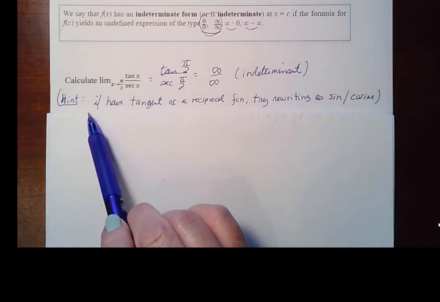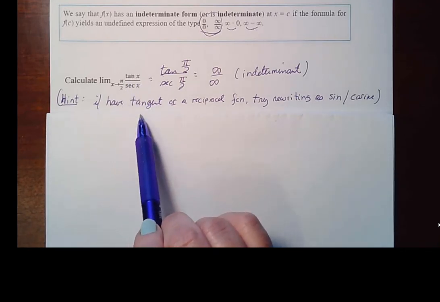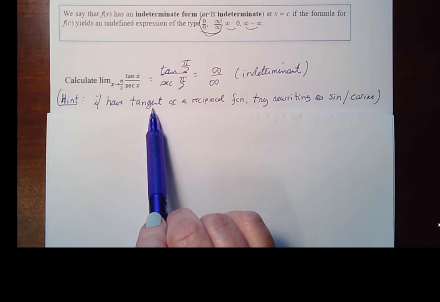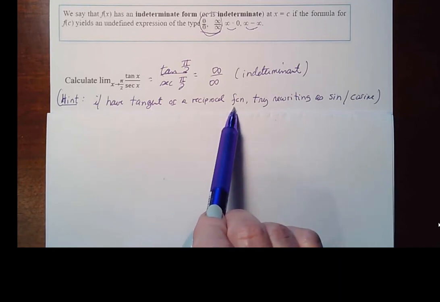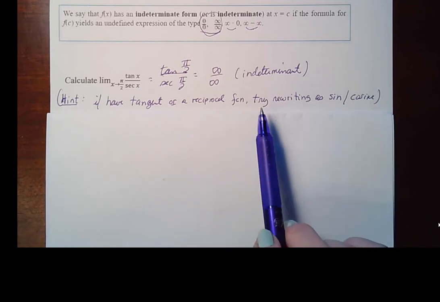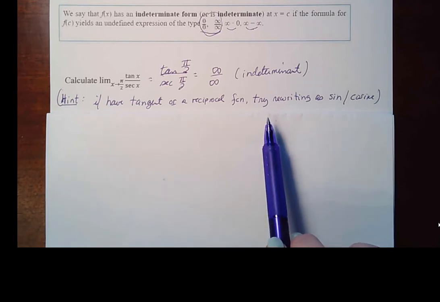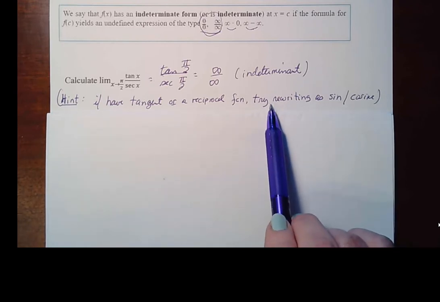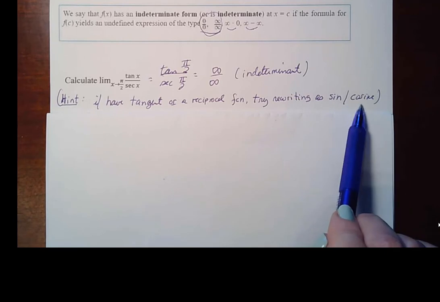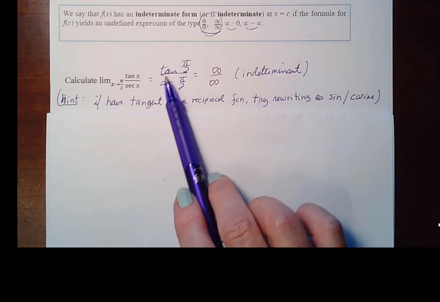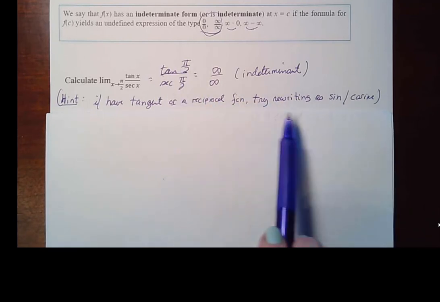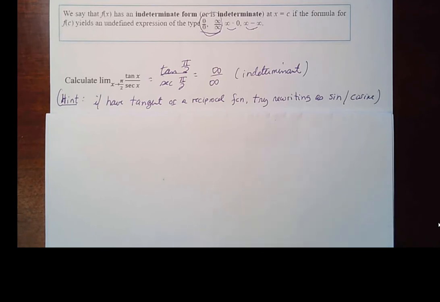Hint: if your argument has either tangent or a reciprocal function, a good process would be to first try rewriting them as sine and cosine. Rewrite tangent and whatever your reciprocal is in terms of sine and cosine, and it'll often simplify.